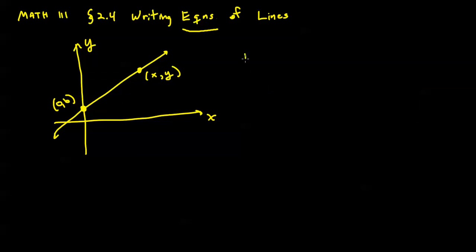I can compute the slope of this line with these given coordinates. It's going to be y minus b, remember b is the y-coordinate of the y-intercept, over the corresponding change in x, which is x minus 0, because 0 is the x-coordinate of the y-intercept. Let me simplify this expression for slope a little bit.